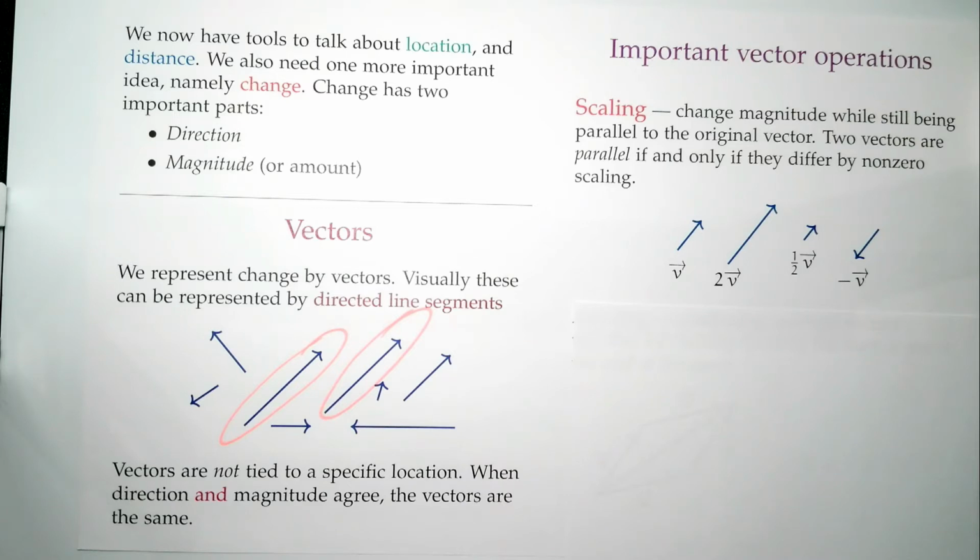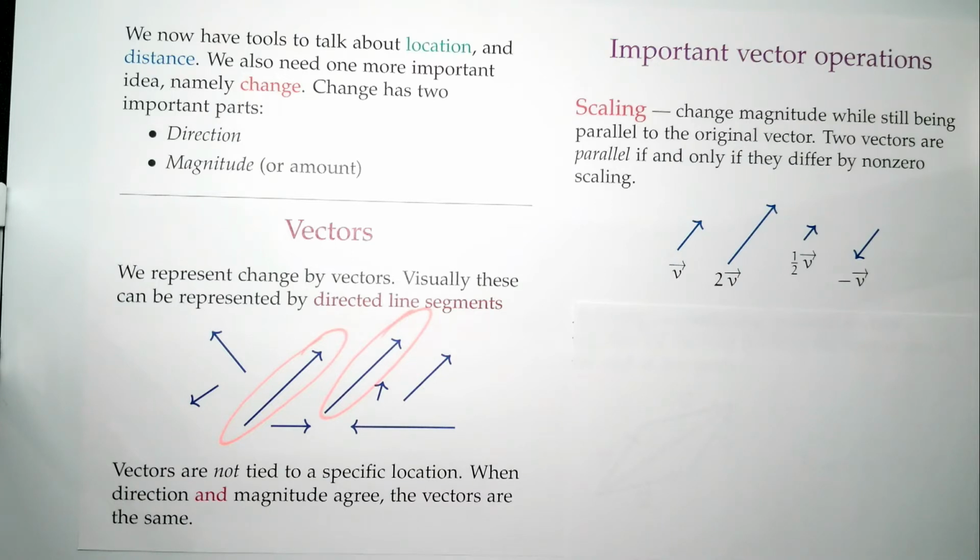Scaling just makes a vector a different length. There are a couple things that happen. If I'm scaling by a positive number, I'll keep the same direction and just modify the length. So if I have a vector v, twice v is the same direction, twice as much change. Half v is the same direction, half as much change.